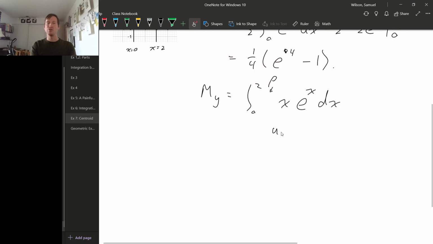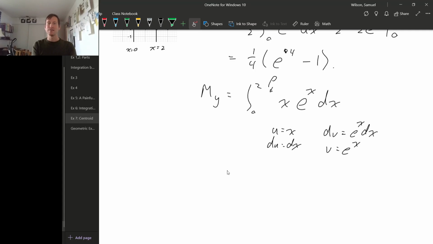So we'll let u be x, du is dx, dv is e to the x dx, v is e to the x. So we get u times v, so x e to the x from 0 to 2 minus the integral of e to the x dx from 0 to 2.